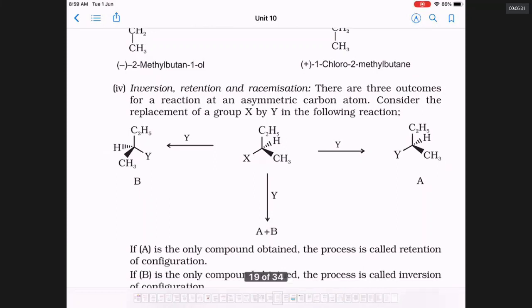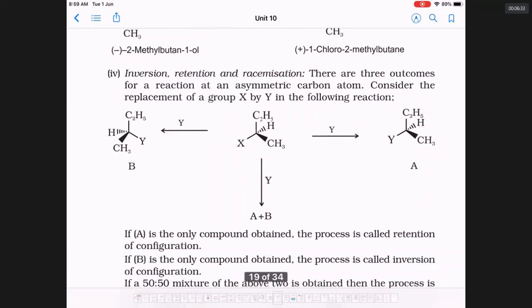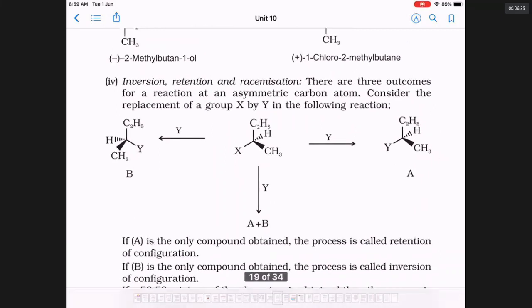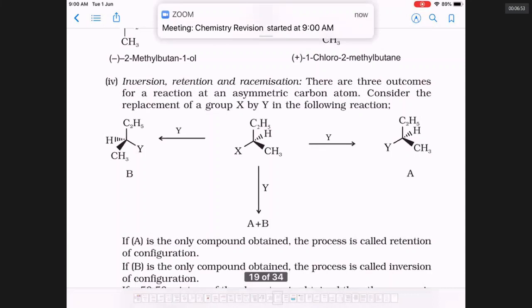B. When the X is replaced by Y, in A the configuration is retained. In B the configuration is inverted. Can you see that, sir?